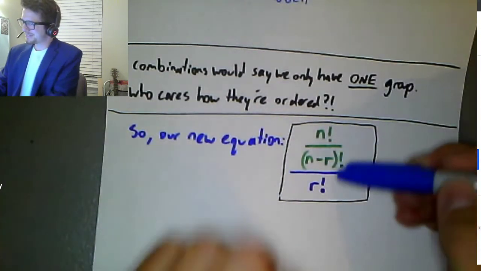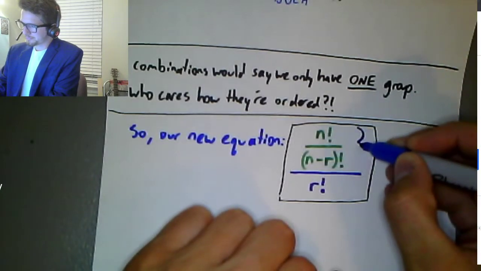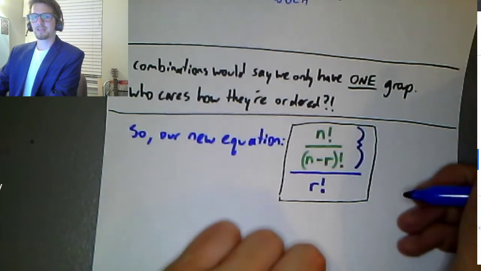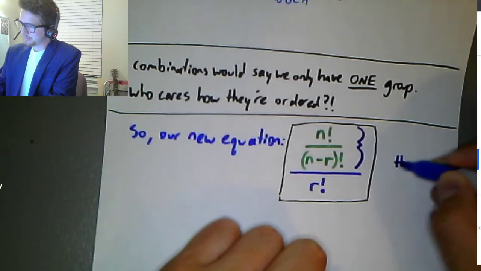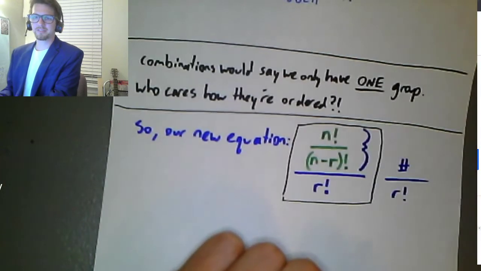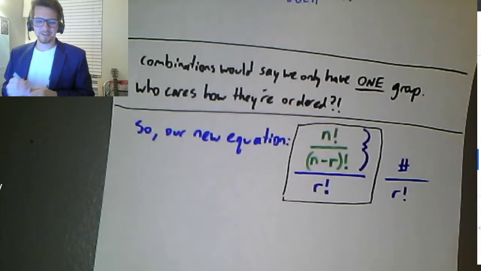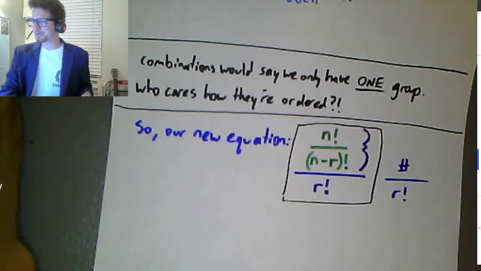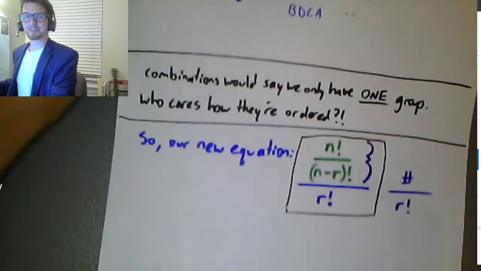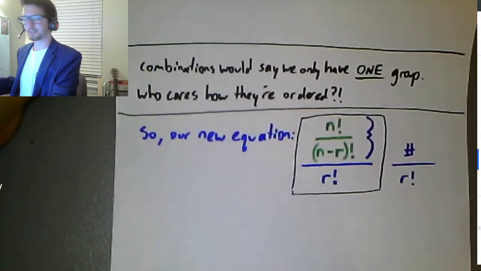I'd recommend doing this piece first. So then all you have to deal with is a number divided by r factorial. That would make it a lot easier and faster. Pause if you need to finish writing. Let me show you an example, and it's going to be a short class today. It's Friday. I'll go easy on y'all.